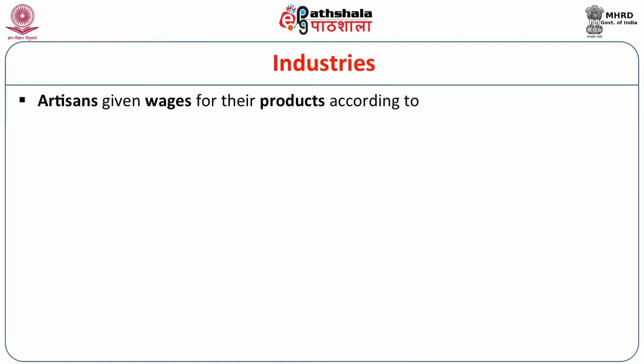Number 3, industries. In connection with industries, we find artisans were given wages for their products according to quality and quantity. What they produced, in return for that production, they used to get wages.